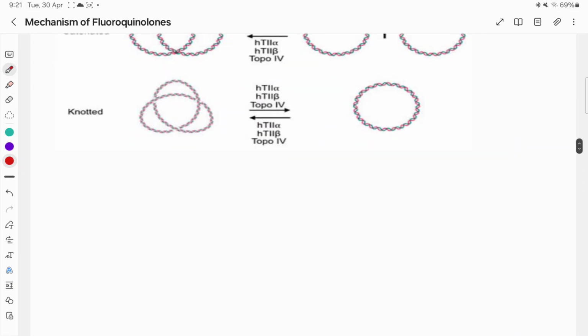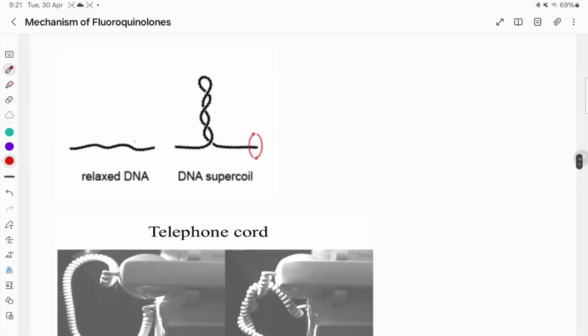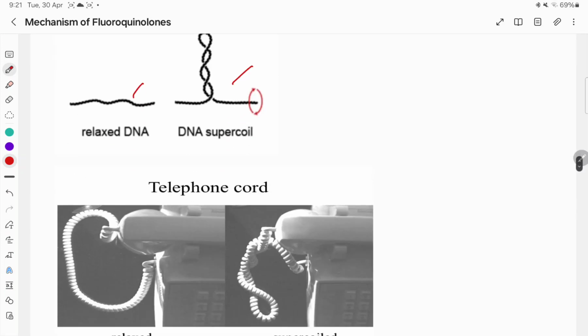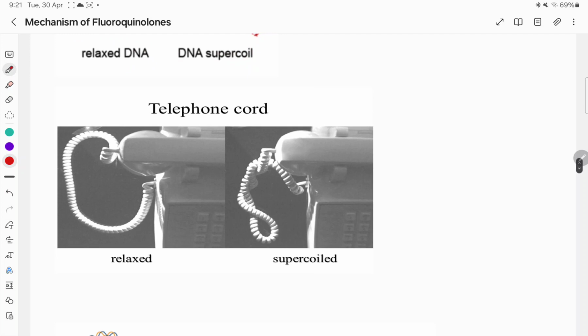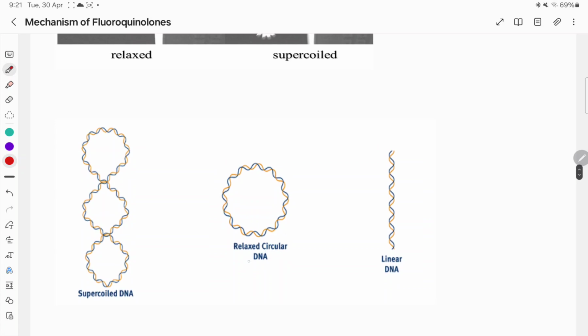Let us see what this supercoiling is about. This is relaxed DNA, and this is supercoiled DNA, and you can see this in a telephone cord. This is the relaxed one, and this is the supercoiled one. The relaxed circular DNA, when supercoiled, looks like this. And if you give it a cut, this will be the linear DNA.